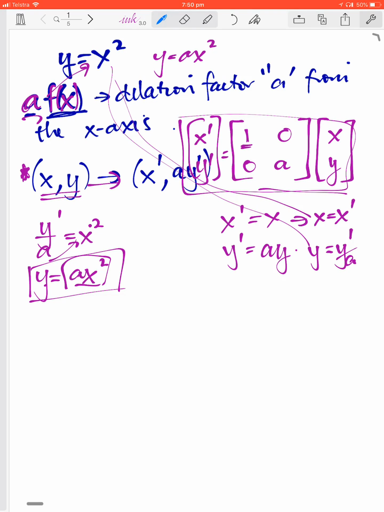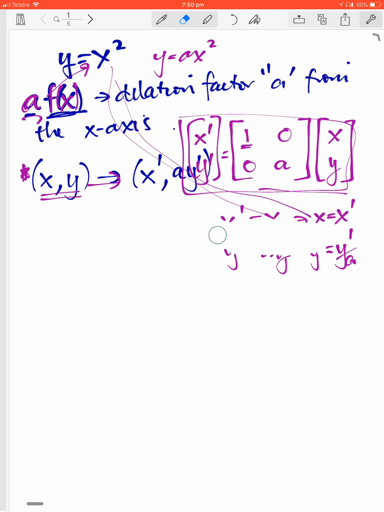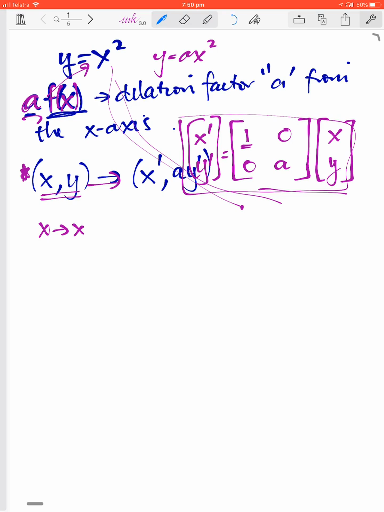Okay, in terms of mapping notation, we have x becomes x dash, x equals x dash, y equals a y dash.